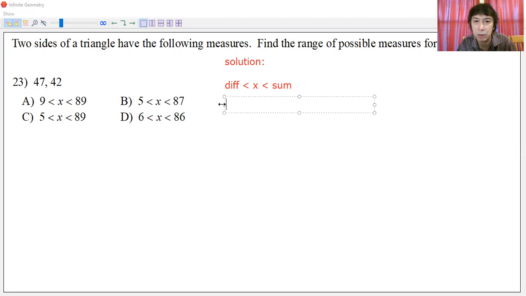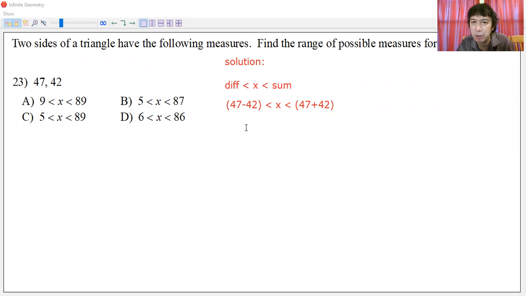So we get the two numbers and get the difference. 47 minus 42. Of course, you have to get the larger minus the smaller, okay? Always like that. And here's the sum. It's 47 plus 42. There.